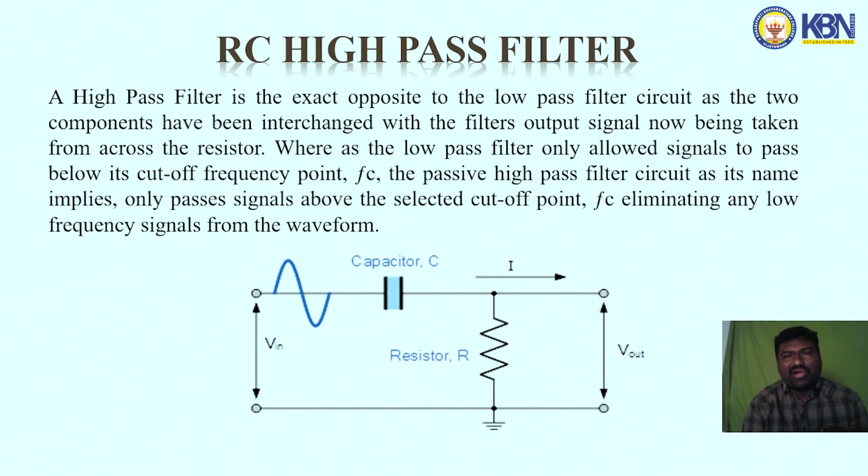The passive high pass filter circuit, as its name implies, only passes signals above the selected cutoff point Fc, eliminating any low frequency signals from the waveform.